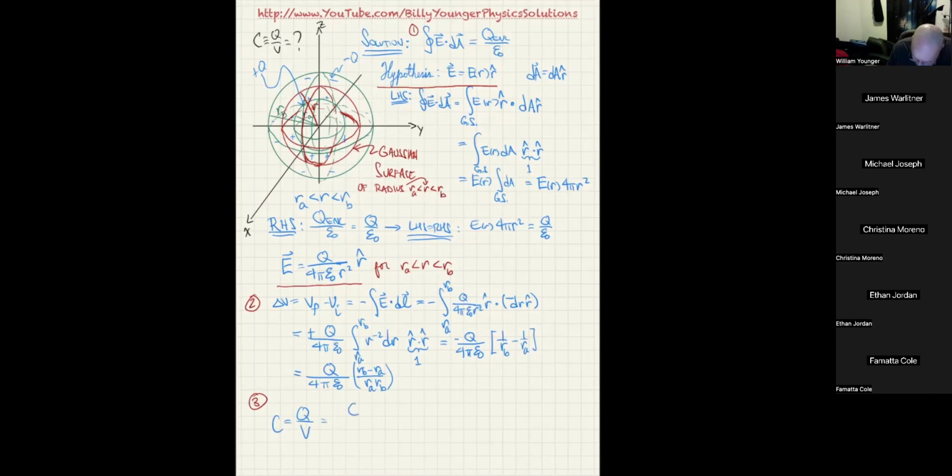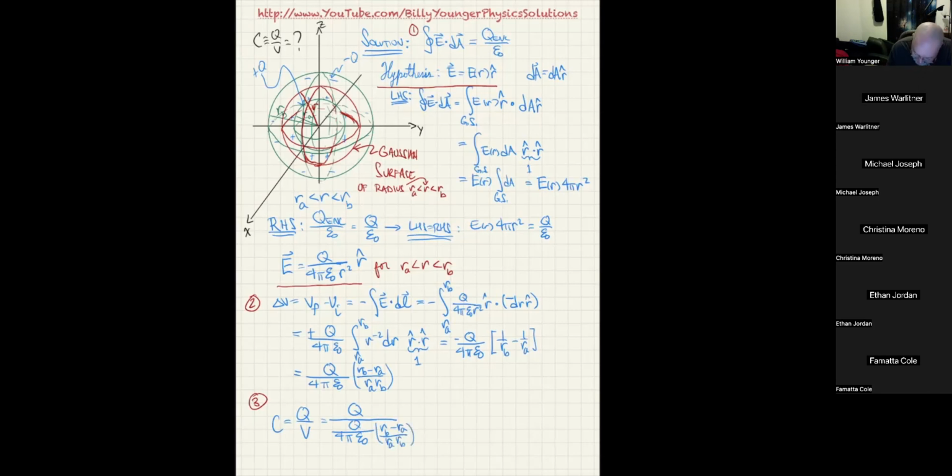So what I'm going to do is put a Q up here, and then divide it by the Q over 4 pi epsilon naught, and then RB minus RA over RB, put that all in parentheses.